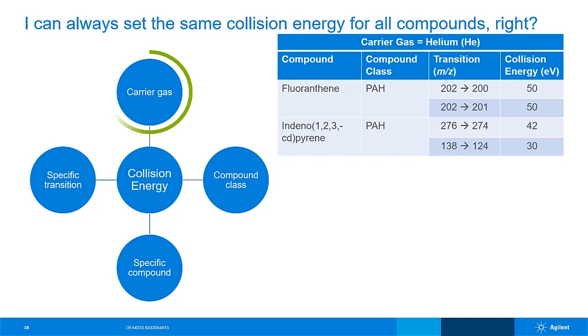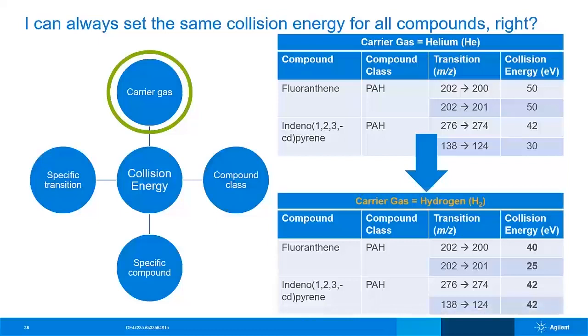So carrier gas also plays a part in collision energy. We know that helium and hydrogen have different viscosities and interaction with stationary phases and compounds, but it also has different effects on collision energies. So let's take a look at the effect that hydrogen carrier gas has on the collision energies of a couple of PAHs, fluoranthene and indeno[1,2,3-cd]pyrene.